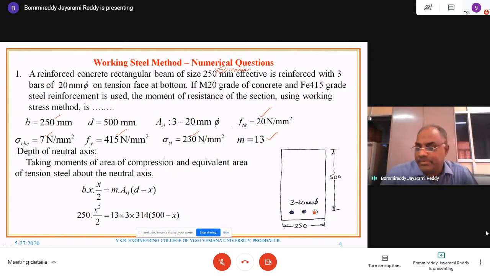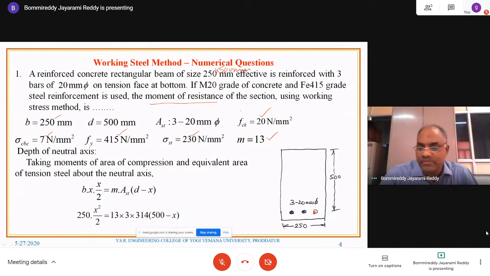So what is the step in this problem? What is the question? The moment of resistance of the section using working stress method. If you want to calculate the moment of resistance, first you need to know which type of section it is, whether it is balanced section, under reinforced section, or over reinforced section.